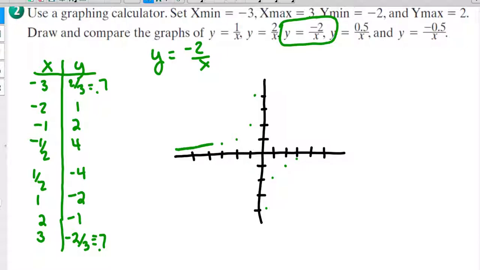Boy, I can't speak right now. All right, now go ahead and draw your branches through those points. And there you have it. So now this is in quadrants 2 and 4 because we always start here. So 1, 2, 3, 4.